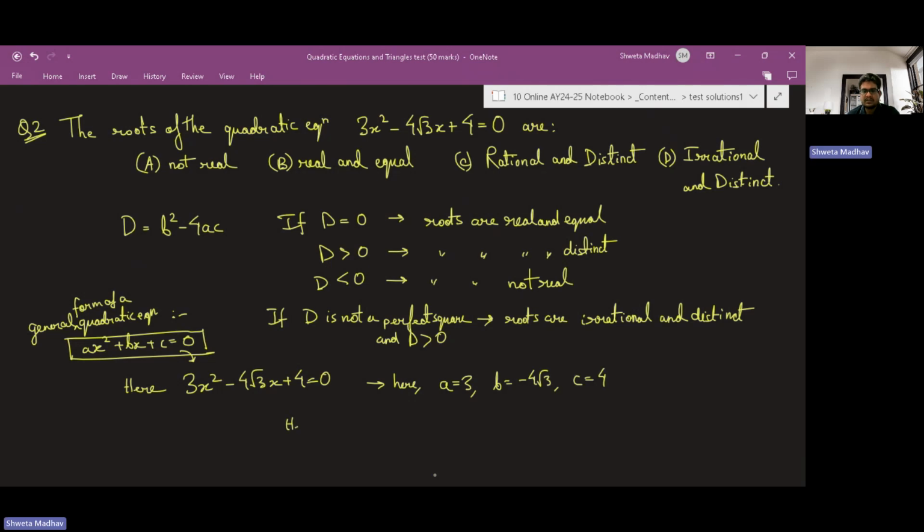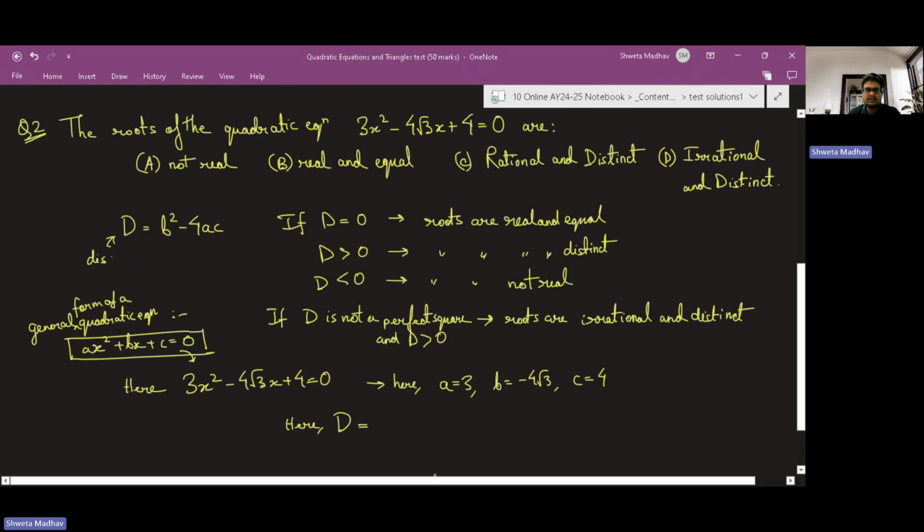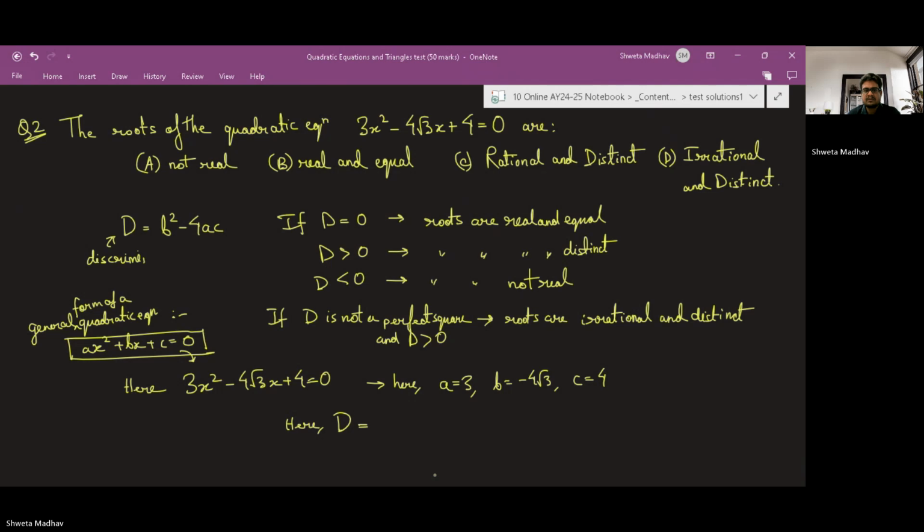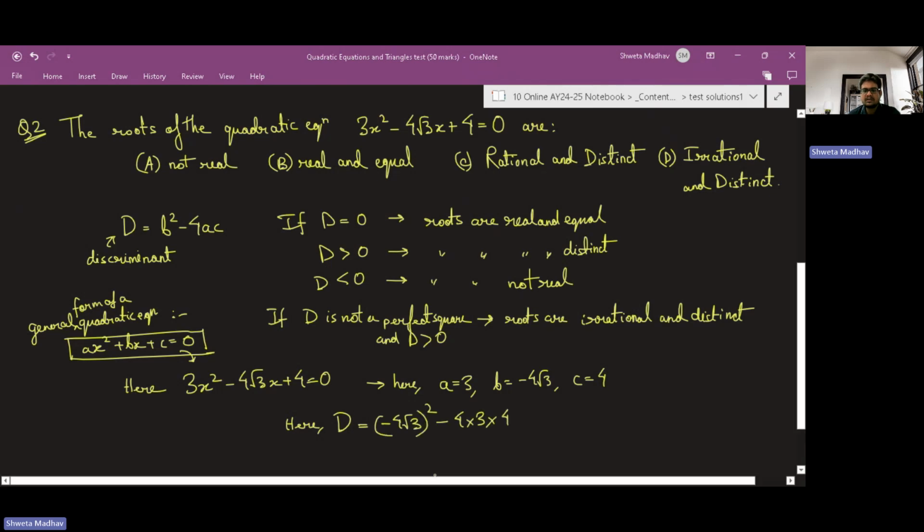So here the value of the discriminant d is b square minus 4ac. So minus 4 root 3 whole square minus 4 into a into c, 3 into 4.